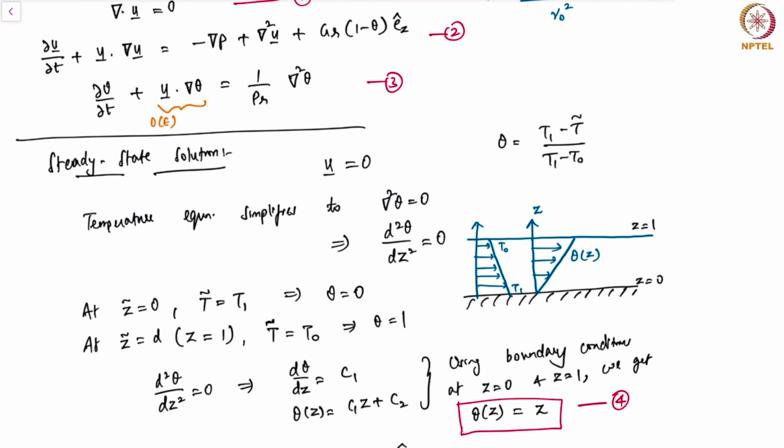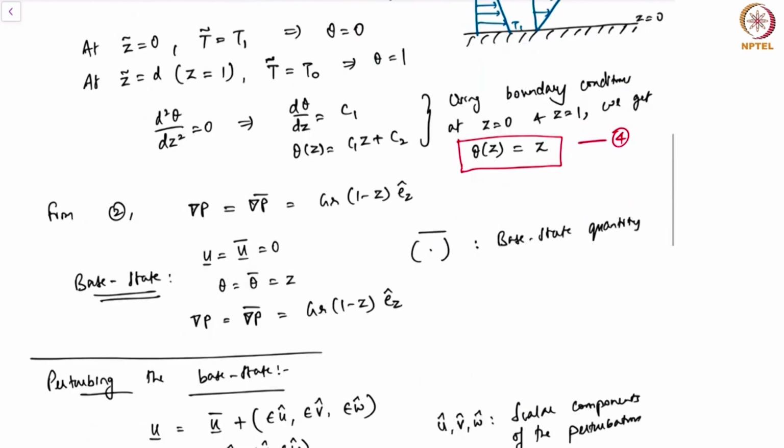And this theta will be theta mean plus perturbation epsilon theta hat. So there is a mean quantity as well, and these terms will enter the discussion.